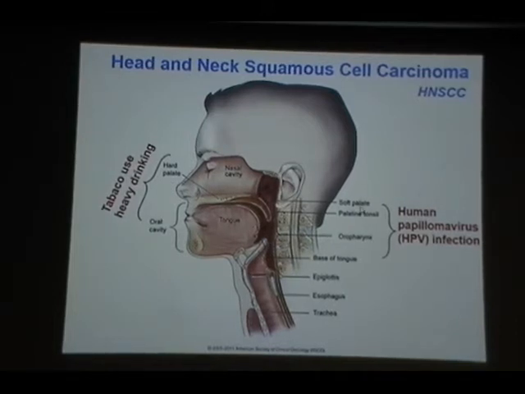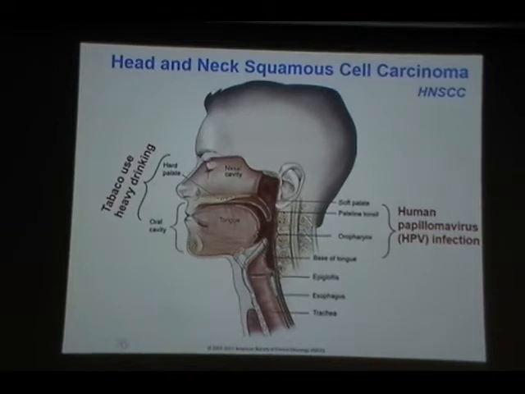In these two different regions, they have different causal factors. Cancers in the oral cavity are most likely related to tobacco use and heavy drinking.